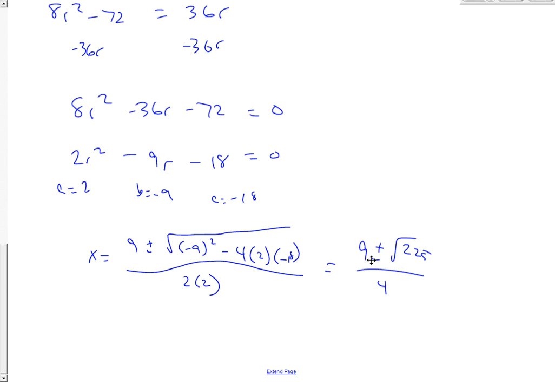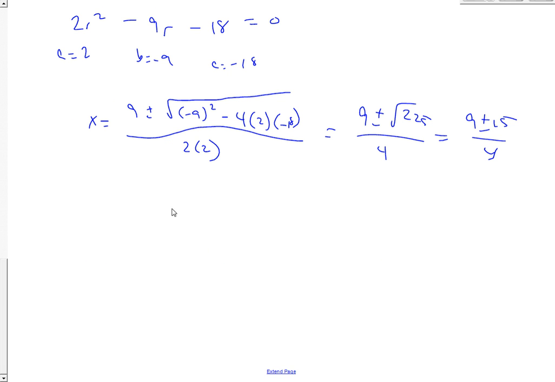And I get 9 plus or minus the square root of 225 over 4. The square root of 225 is 15, so I will get 9 plus or minus 15 over 4. I'm going to split that up, so 9 plus 15 over 4, and 9 minus 15 over 4. 9 plus 15, that's 24 over 4, which is 6.